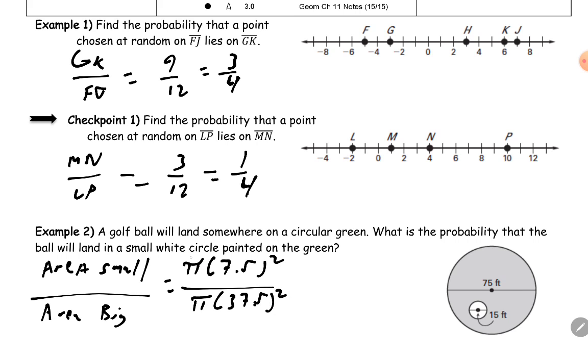Pi divided by pi cancels, so we're just left with 7.5 squared over 1406.25, which is about 0.04. So you have a 4% chance of landing in that white circle.